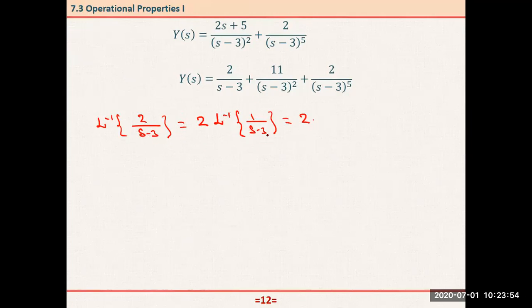Anyway, I'm just trying to use that formula here. We have inverse Laplace transform of 1 over s, where s should be replaced by s minus 3, right? And what function's Laplace transform is 1 over s? We know that is equal to 1. And because of this s minus 3, that's equal to 2 times e to the power 3t, right? S minus a, here we have e to the power at. Okay, with the first part, we are done.